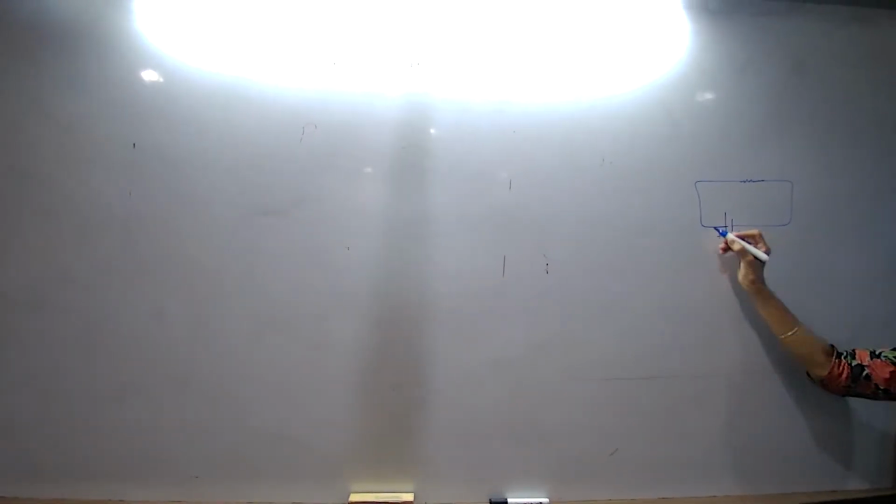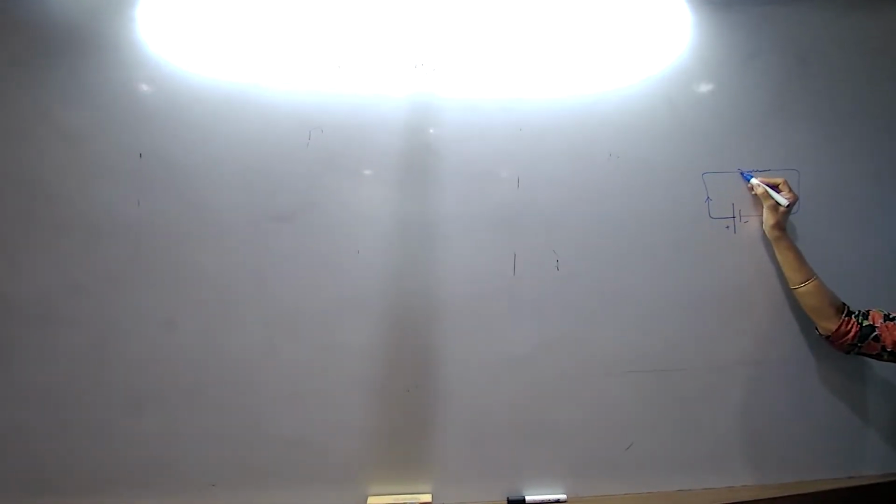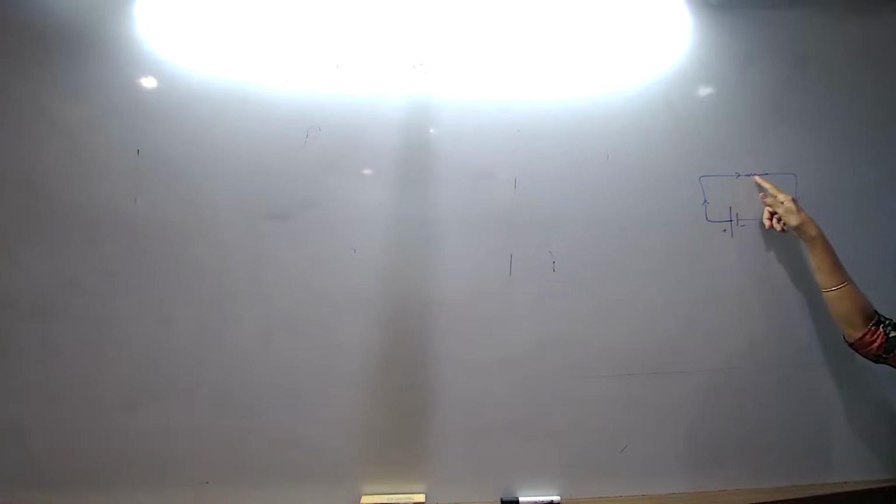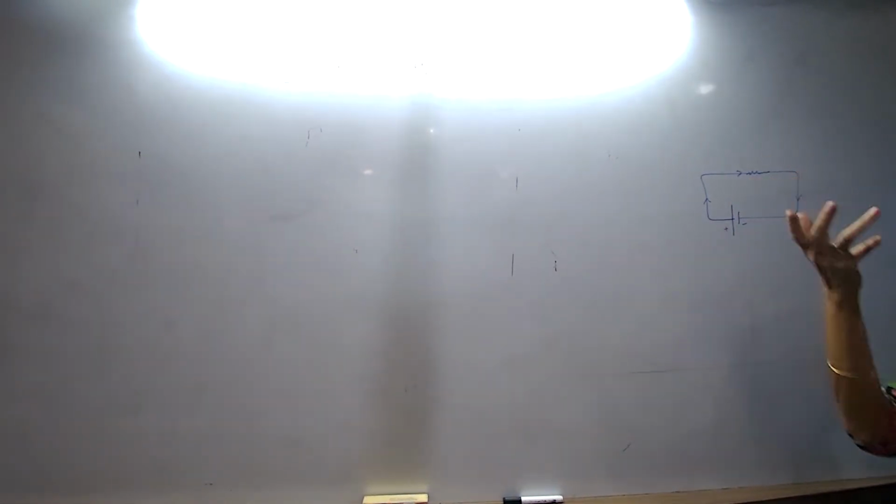It is always from positive to negative, so it is flowing in this direction. Is there any specific place for the resistor? Not necessary. The resistor can be anywhere, as long as it is in series, it's perfect.